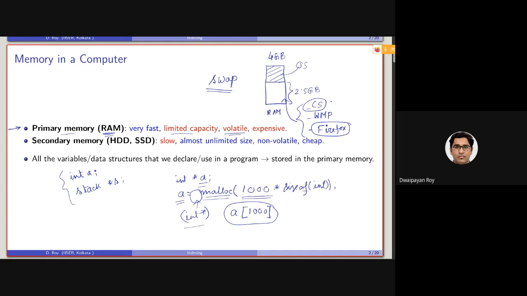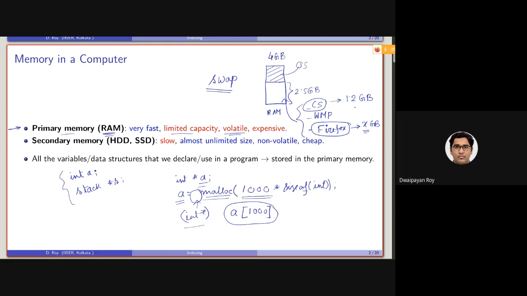Counter-Strike takes around 1.2 GB of space if you are using an older version, and more than this if you are using a newer version of the game. Firefox depends on the number of tabs that you have opened. Depending on that, it will be taking, say, X GB of memory. If you kept many tabs open, it will be a large value.